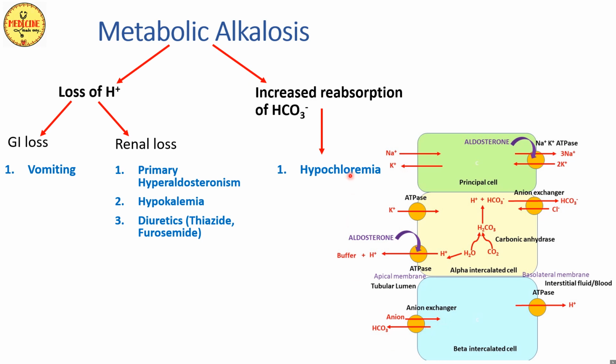When you have hypochloremia, less chloride is filtered by your glomerulus and less chloride arrives in your renal tubules. So as a result, you have less chloride ions to exchange for the bicarbonate. So your bicarbonate ion secretion will be reduced and more bicarbonate will be reabsorbed into the blood.